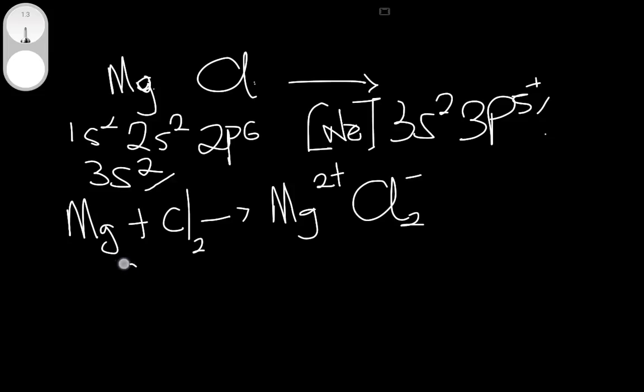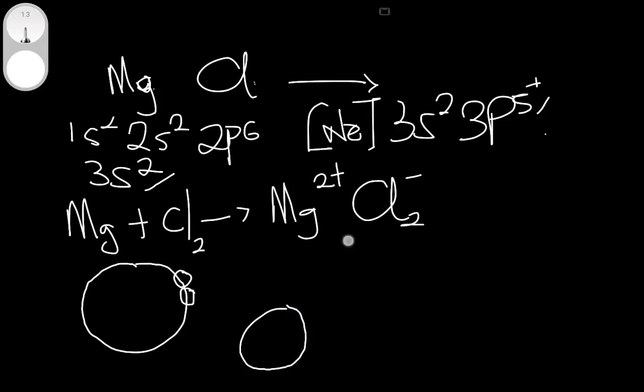Now if you look at the diagram, this is the outermost part, this is 0, 2 electrons. So we need this one chlorine and this another chlorine, with 1, 2, 3, 4, 5, 6, and 7.